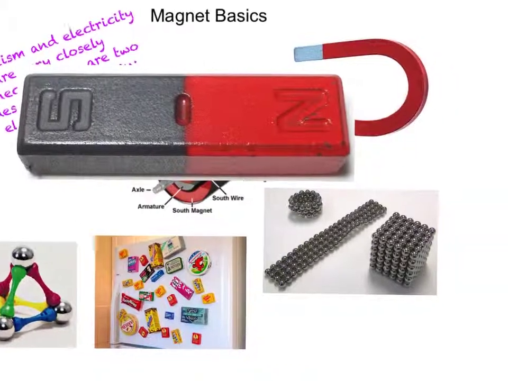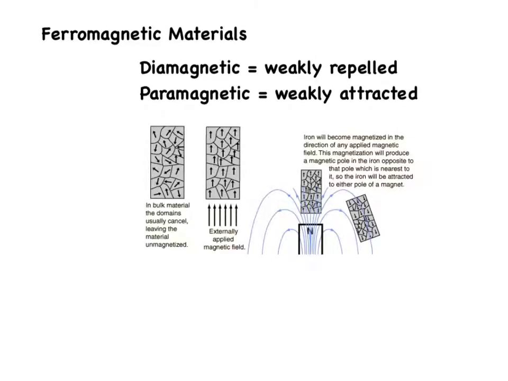Now we all know that magnets can exert forces on other magnets, and we also know that they can interact with other materials. These other materials are called ferromagnetic materials. Things like iron, cobalt, nickel are all ferromagnetic materials. Things that are made with those materials are not only attracted to magnets, they can be magnetized and turned into magnets themselves.